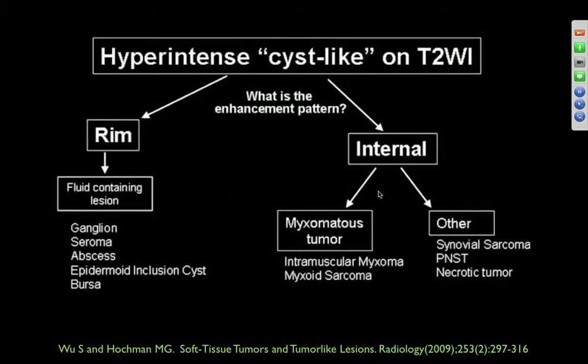If it's a more complex high signal intensity on the T2 weighted images, then you can be thinking in terms of myxoma, which are malignant lesions, or synovial sarcoma, peripheral nerve tumors, and a necrotic tumor with necrosis in the center. And we'll see examples of all of these.